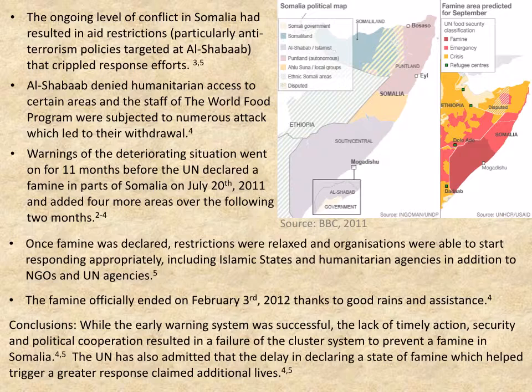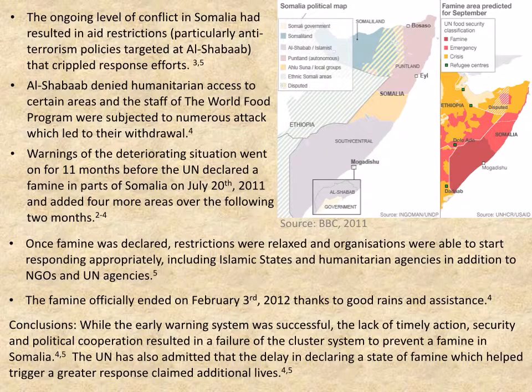Al-Shabaab denied humanitarian access to certain areas, and the staff of the World Food Program, which is really the lead organization in regards to food security in the area, were subjected to numerous attacks, which led to their eventual withdrawal from the country.